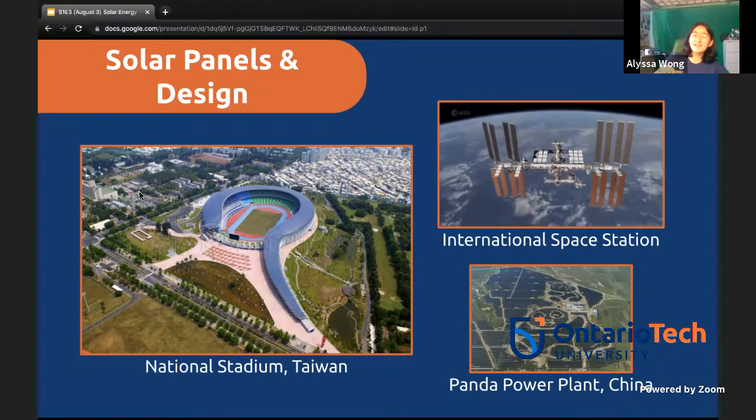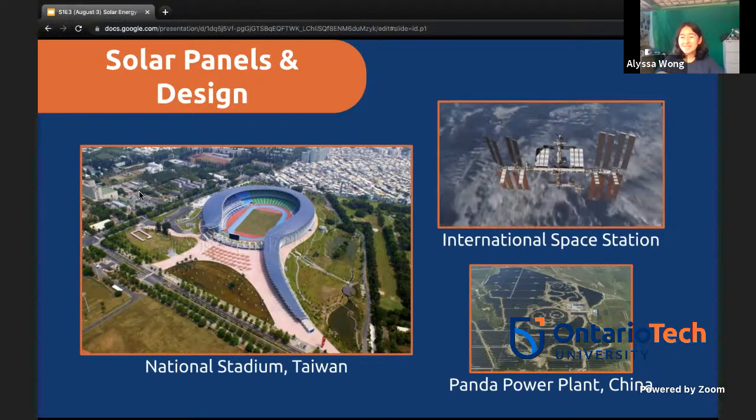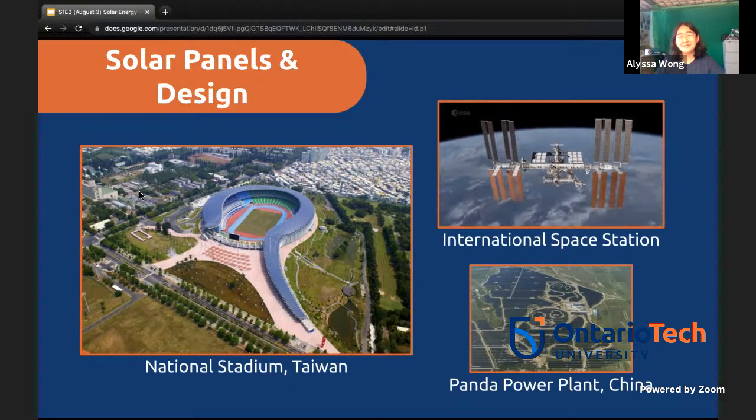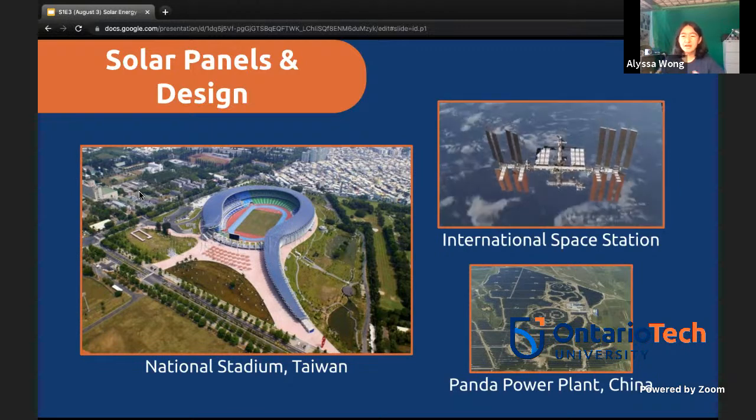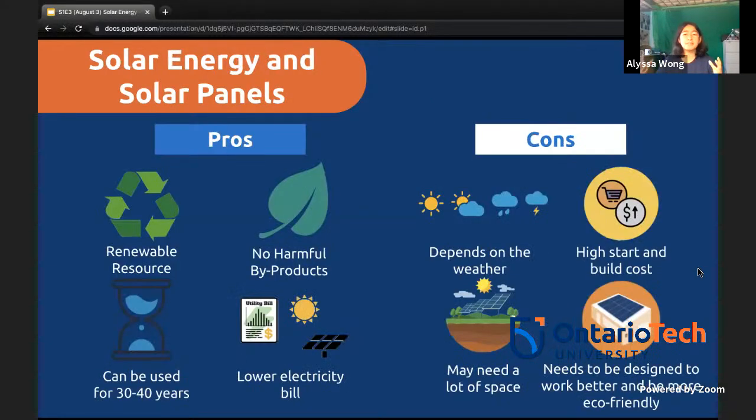So if you fly across the power plant, you can see they look like pandas. It's really, really cool. And the amount of space they take is about 100 hectares of land, which is a lot of land. But it means that they produce a lot of power, which is really, really cool. So if you ever have a chance to visit China or Taiwan or go to space, I would highly recommend asking about their solar panels.